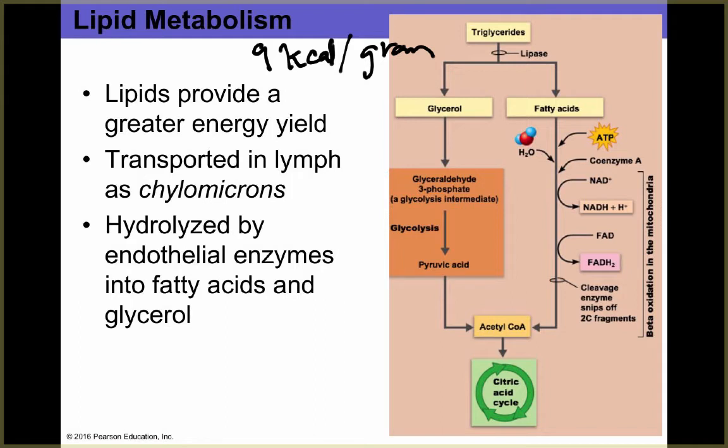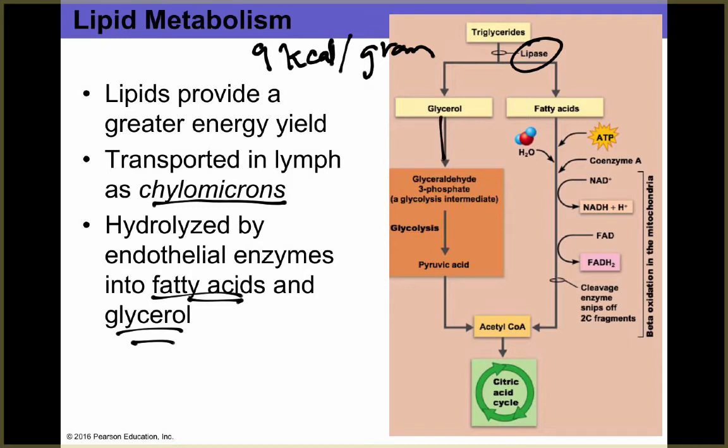It's transported in lymph as the chylomicrons, right? It doesn't get absorbed straight into the bloodstream. It's too big, so it has to go through the lymphatic system. It's actually hydrolyzed by endothelial enzyme into, as we know, fatty acid and glycerol, and it's done by an enzyme called lipase. So you can see there that it's breaking down.